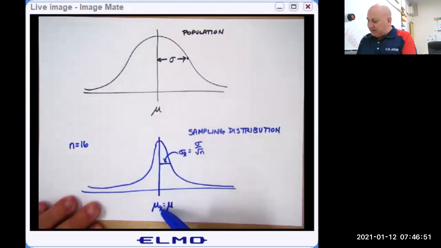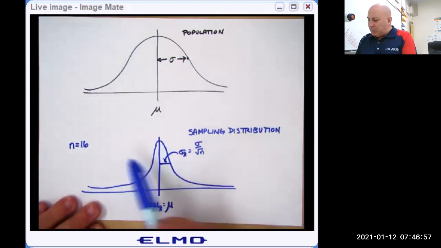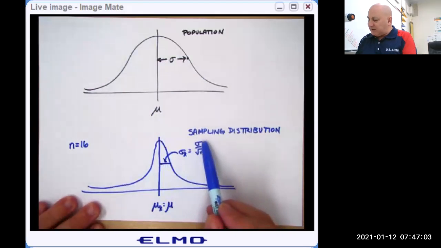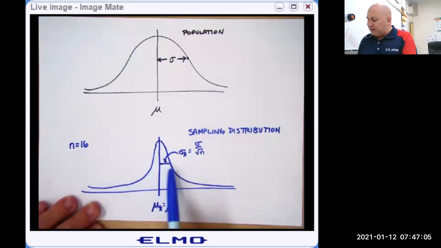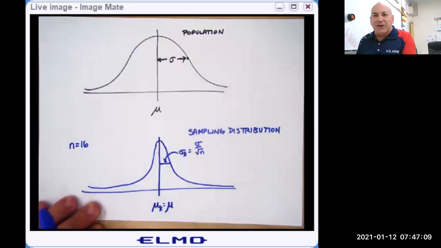The mean of these x bars, the mean of the sampling distribution, will be the same mu, but you'll notice that it's taller and narrower now. It's going to be sigma over 4. So you see that the variation here is only 1/4 of the variation of the population.